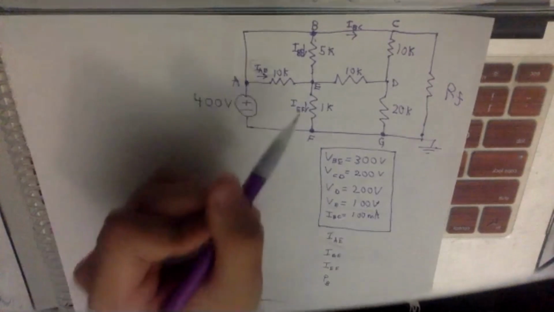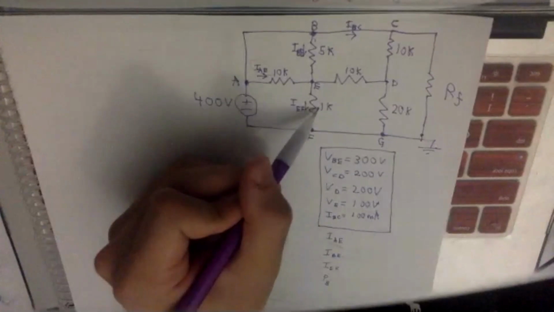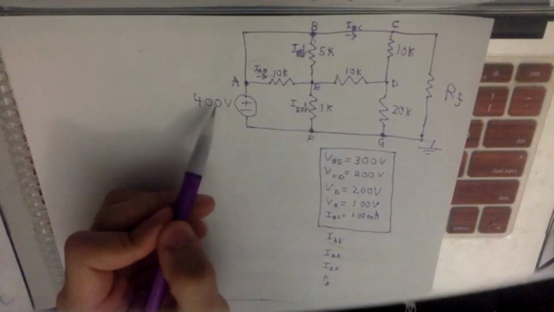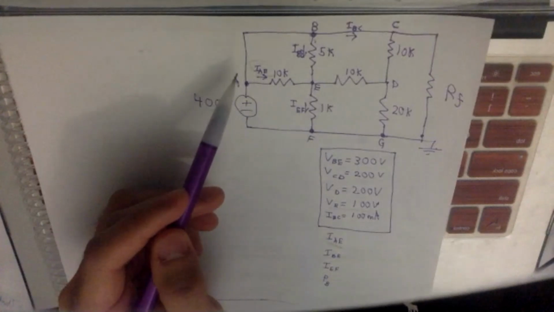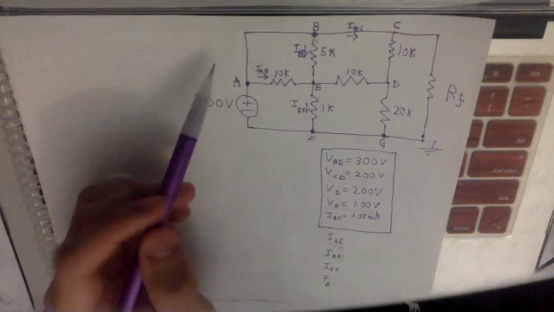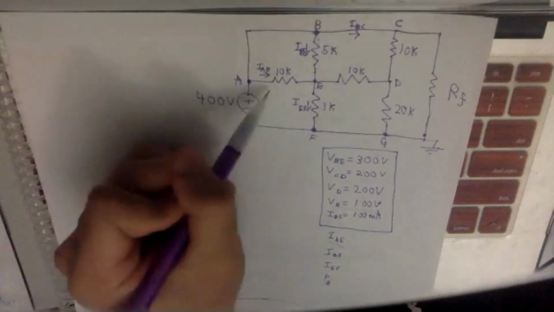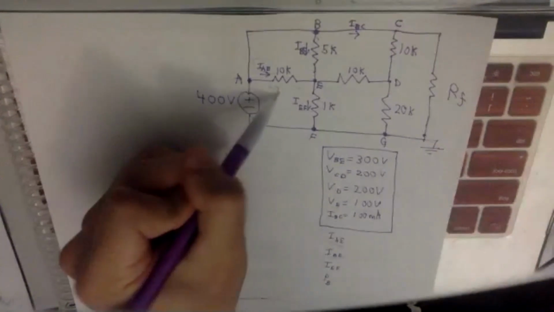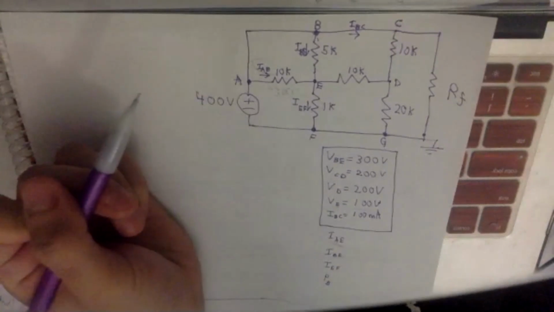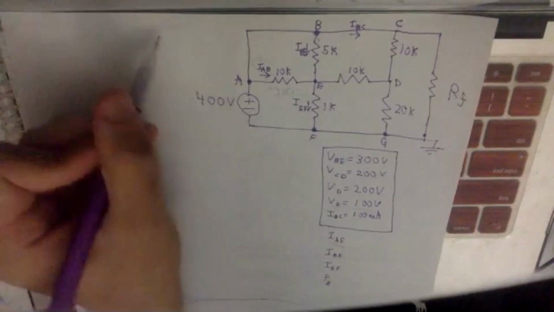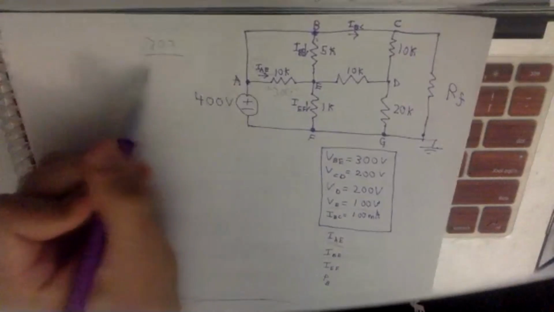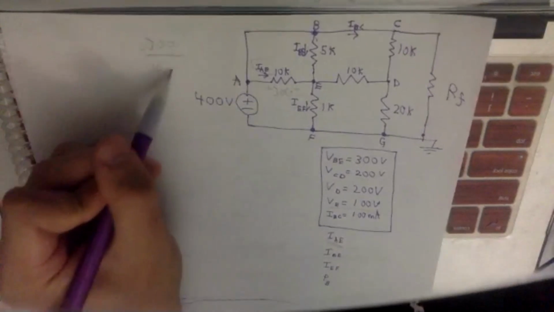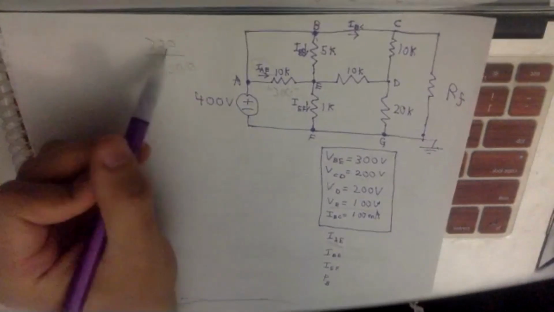So if you have 100 volts over here and 400 volts over here in one loop, what does this one have to be? KVL, 300 volts, right? So from there, you can do 300 over 10.